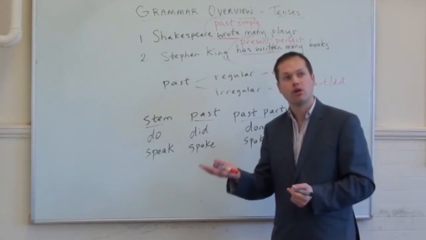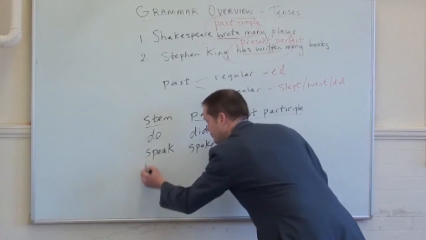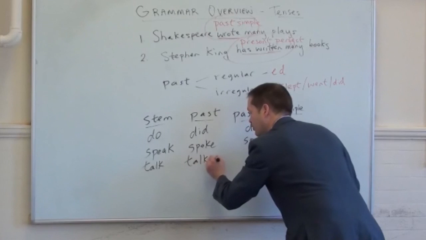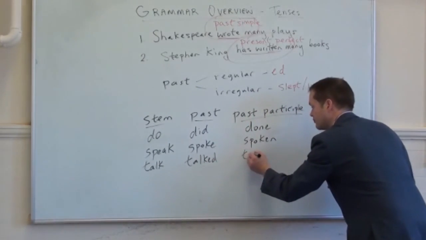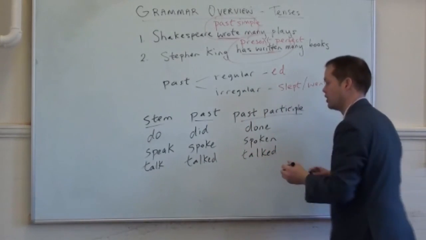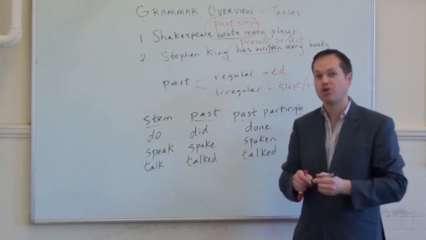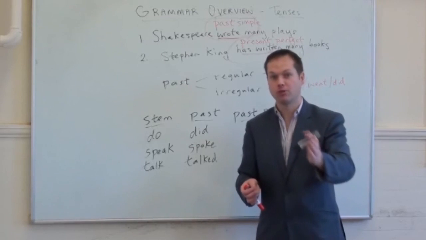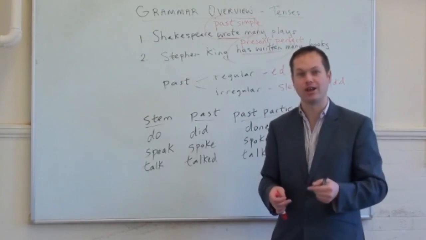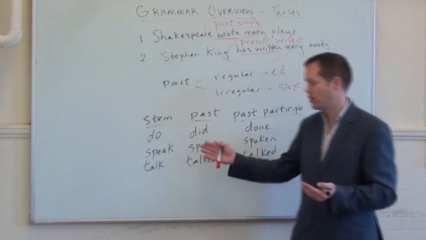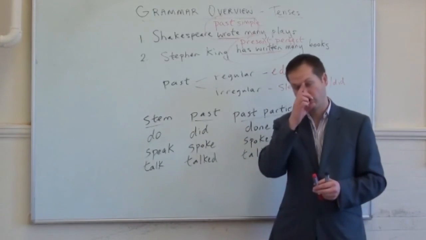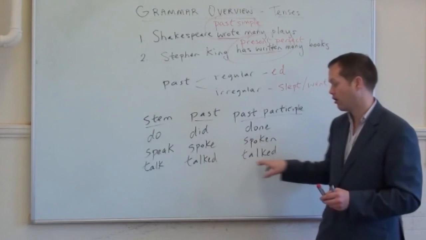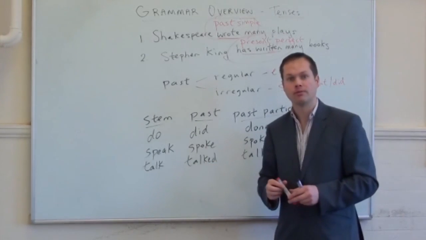So things like talk, talked, talked. There are some tricky ones also, not many, but verbs like put. We have put, put, put. It's the same, it doesn't change. But generally, these are the patterns that they will follow. This type of irregular pattern or regular with the ed form.